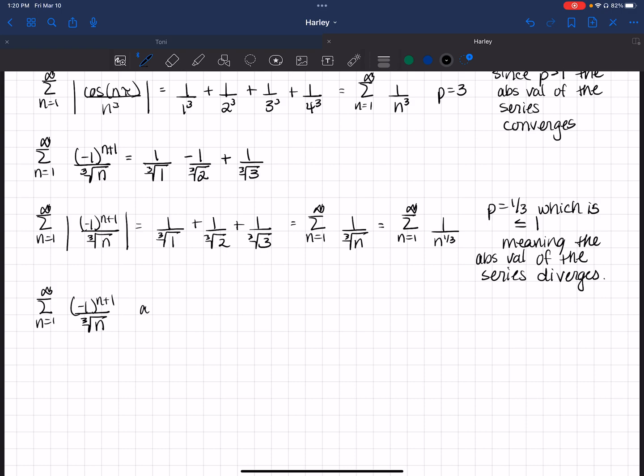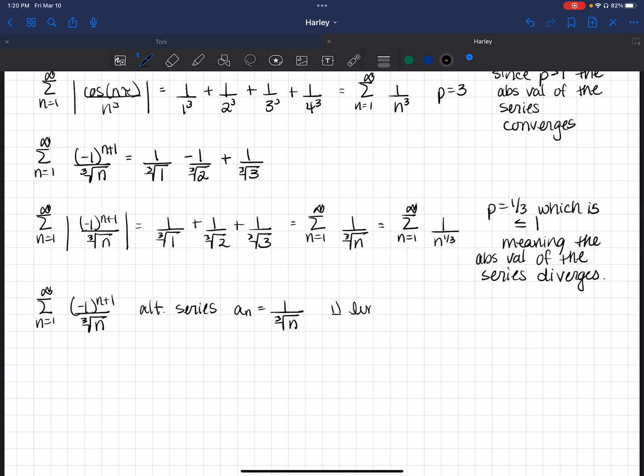I've got that -1 making it flop back and forth. Remember, there are two criteria to determine if an alternating series is convergent or divergent. The first thing we need to do is identify a sub n, which in this case is 1 over the cube root of n. I'm going to take the limit of that. That's step 1.